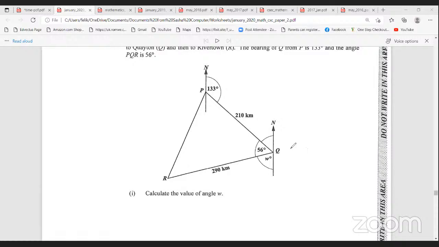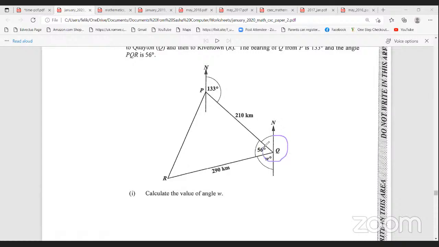Step two, identify your north line. We're going to be going from the north line to the line in question, and the line is PQ.